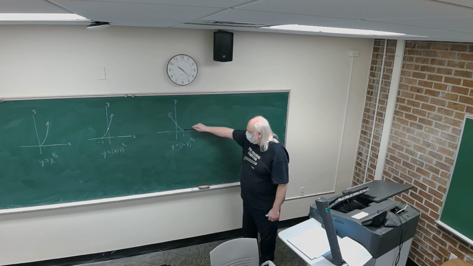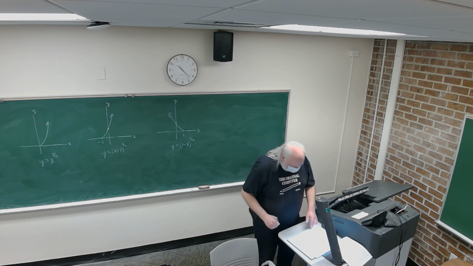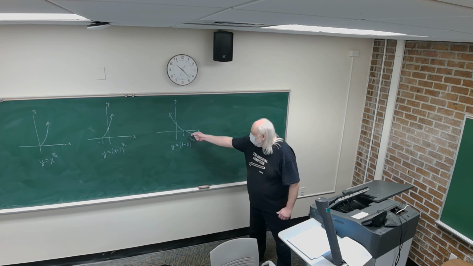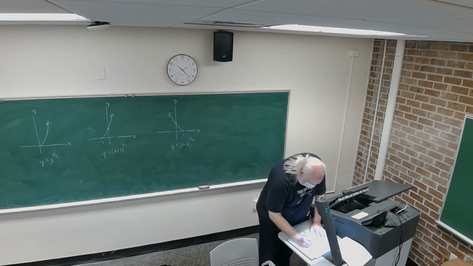And now we shift this entire graph up 2 units to get the final graph. So here's x equals 1. Here's y equals 2. And so this point here is now going to be at the point 1, 2. And then it goes up and to the left.